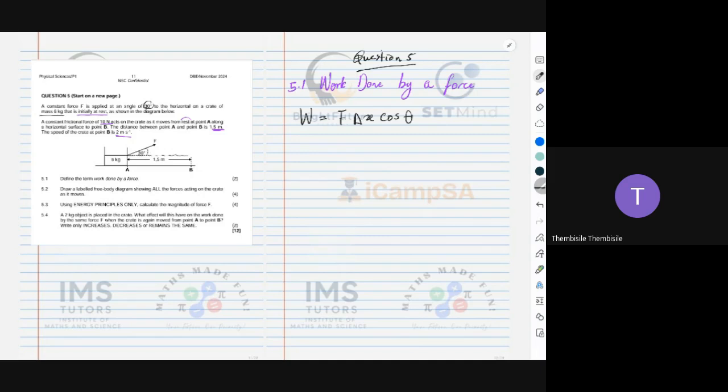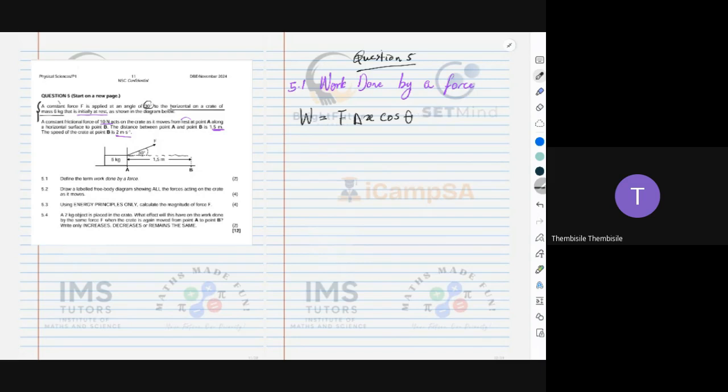This 30 degrees is the angle between the horizontal and the force. This statement here is telling you what it is, which becomes this theta here.